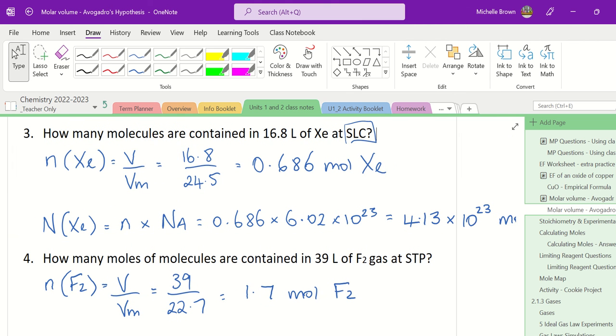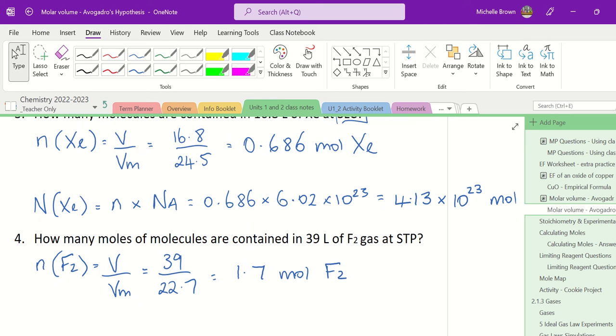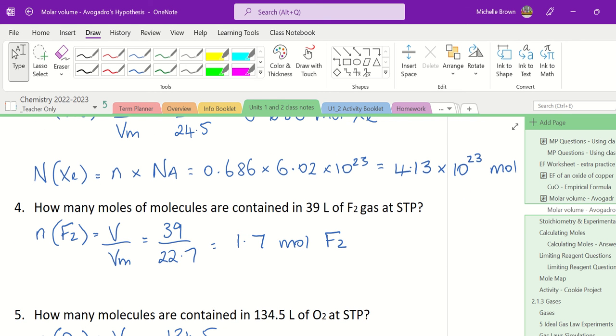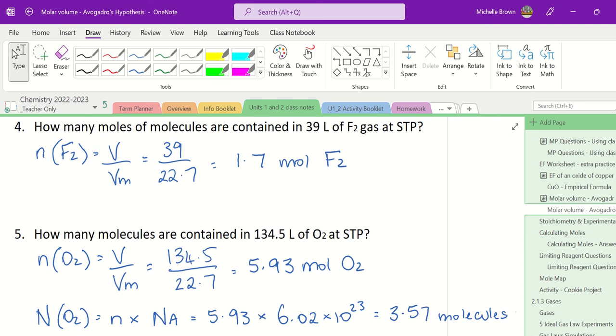Question 4, how many moles of molecules are contained in 39 litres? So that's one of our standard ones. Keeping our significant figures in mind, our answer is only going to be in 2 significant figures because that's the least that we have. So we have 1.7 moles of fluorine gas.